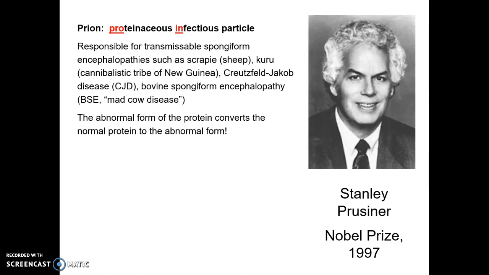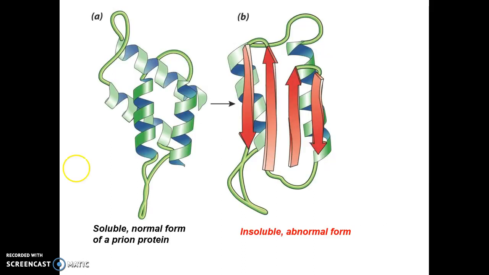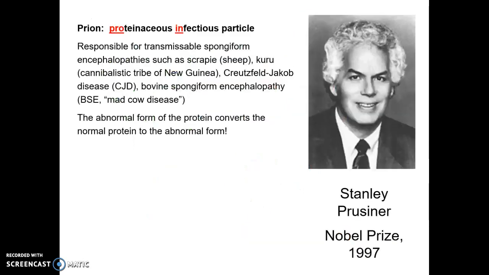So this scrapie form of the protein was actually what was causing it. The normal protein, which is a copper binding protein, would get transformed by the spongiform form of the protein. Once it transformed the first protein, that one would also be able to go on to transform other proteins, and that's how the disease is propagated.